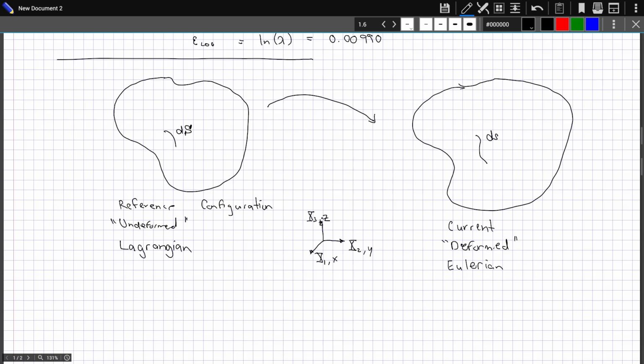I'll call them X and Q. Again, I'm using capital symbols, and I'm writing a vector over the top of them because they correspond to vectors that originate from the inertial frame. So I have a vector X, and I have a vector Q.